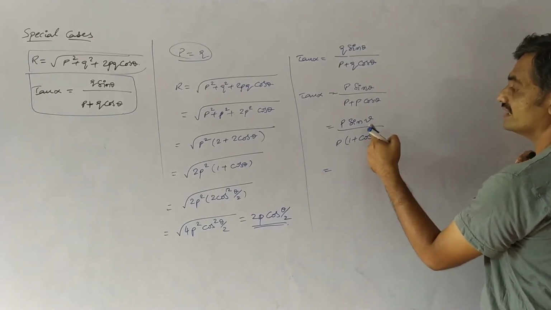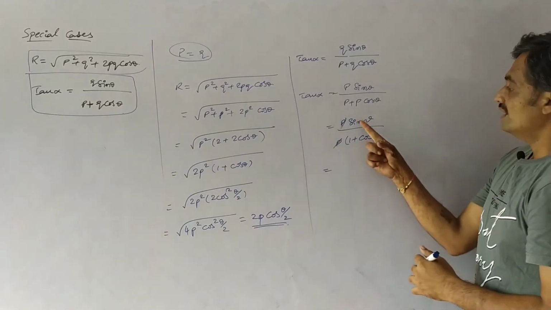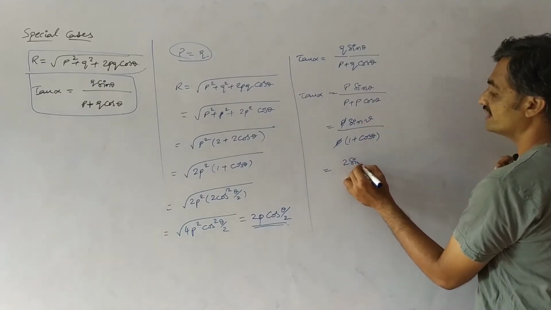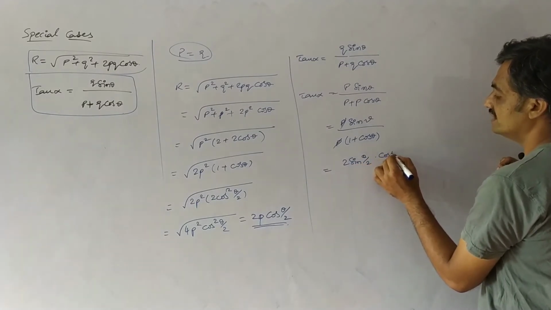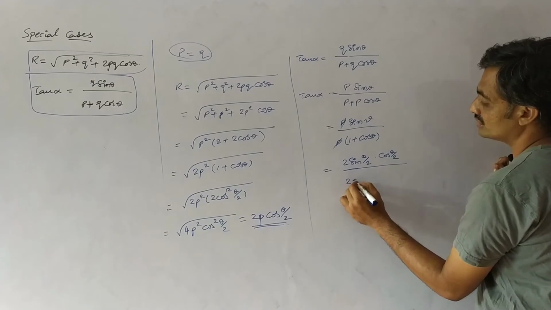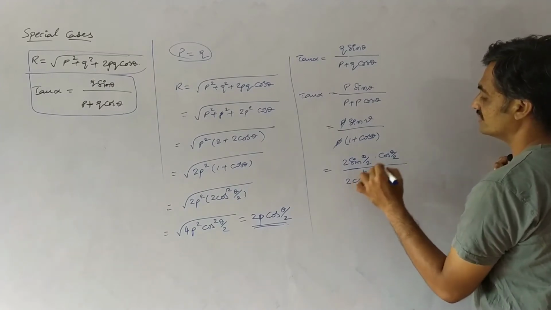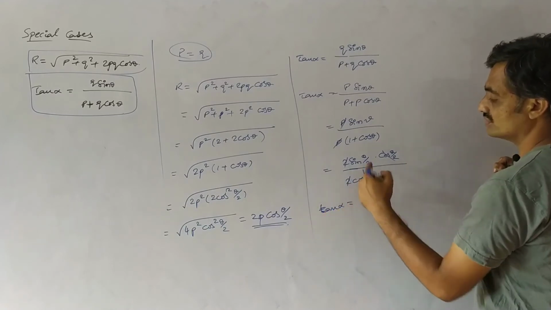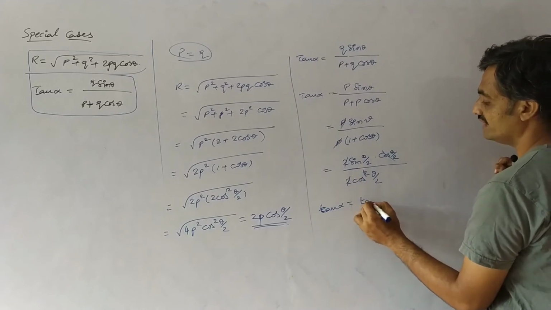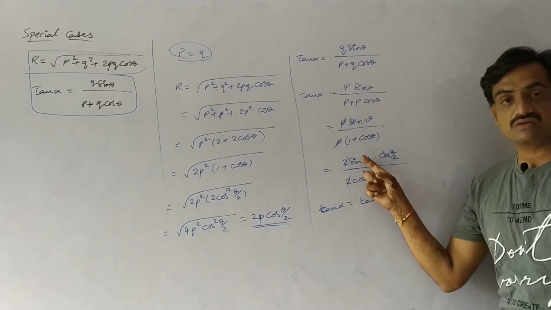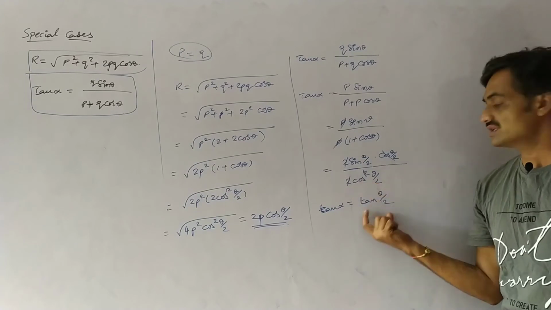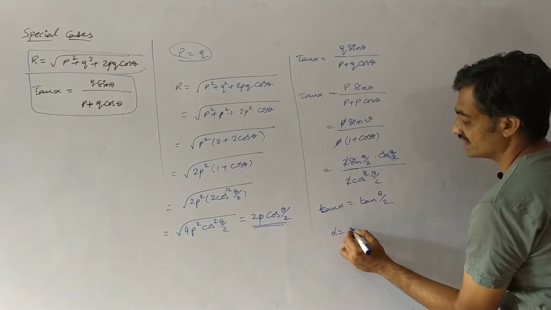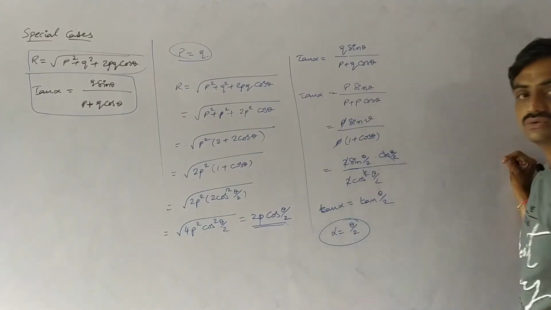P and P get cancelled, and sin theta can be represented as sin 2 times theta by 2. Then we can write it as 2 sin theta by 2 into cos theta by 2 by 2 cos square theta by 2. Observe that one cos gets cancelled and 2 gets cancelled. Here we have tan alpha equals sin theta by 2 by cos theta by 2, which is nothing but tan theta by 2. Based on that, we can write alpha equals theta by 2.